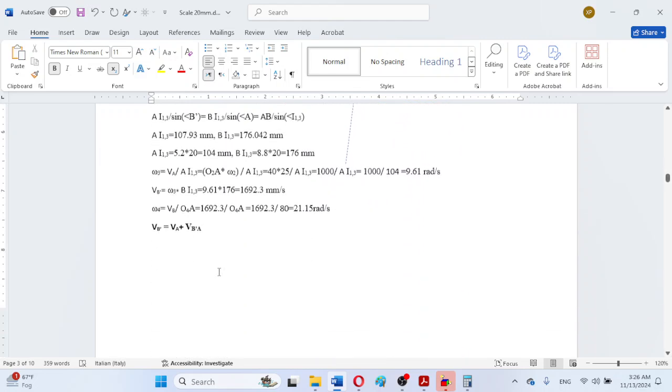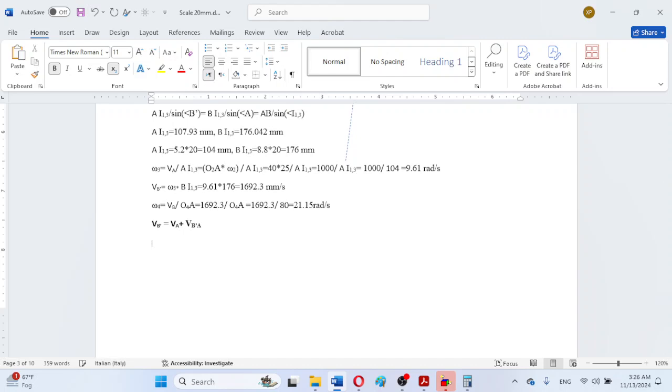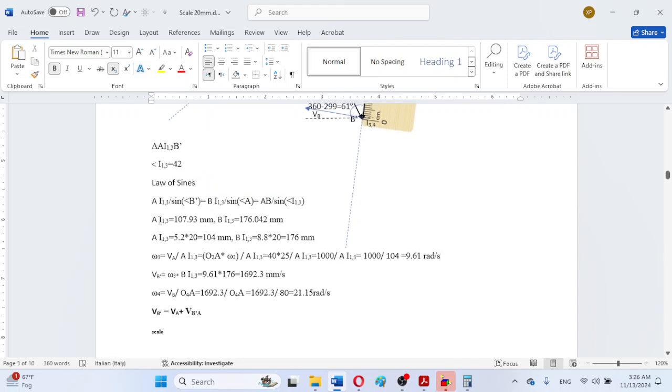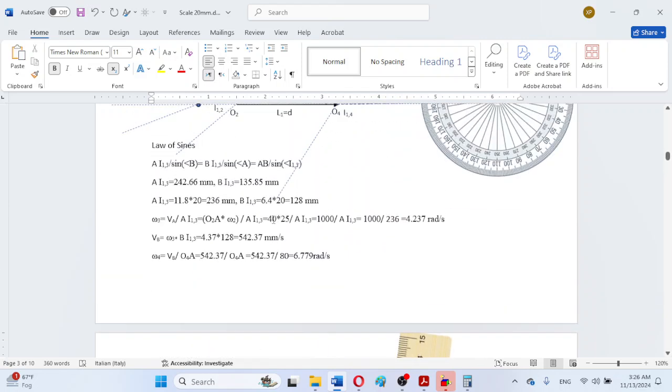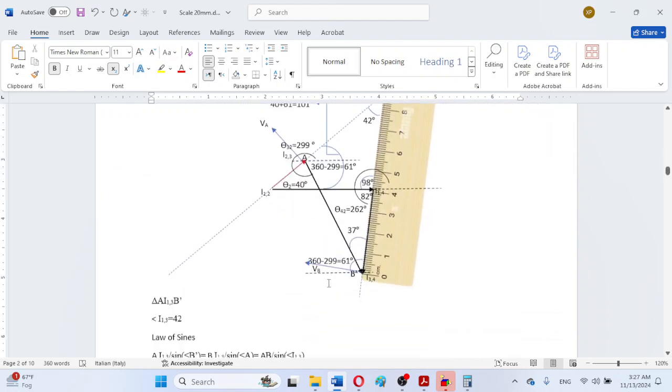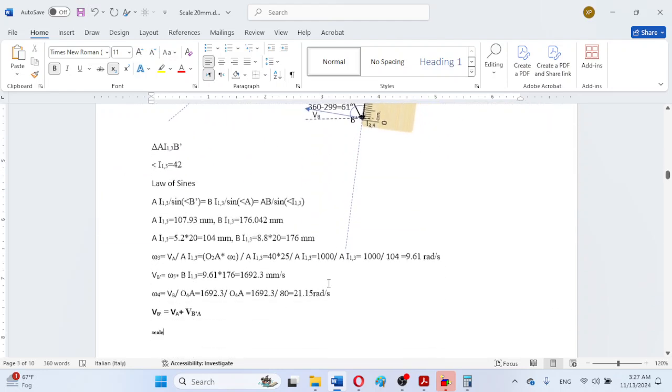For example, we can use the velocity scale here. As we can observe, the magnitude of the velocity of the point is 1000 millimeter. So any suitable scale can be selected.